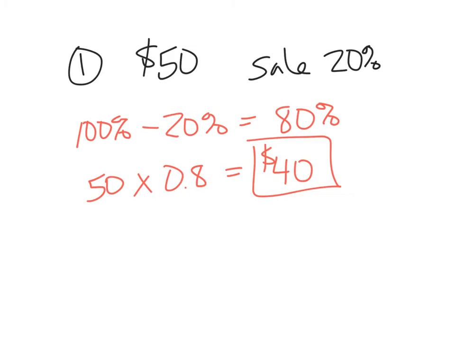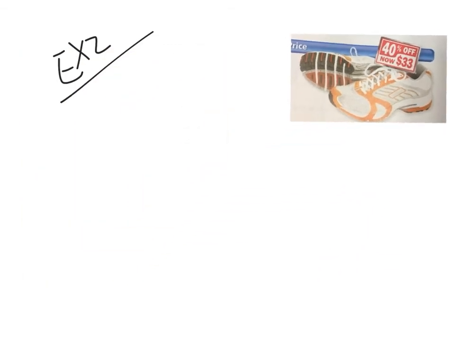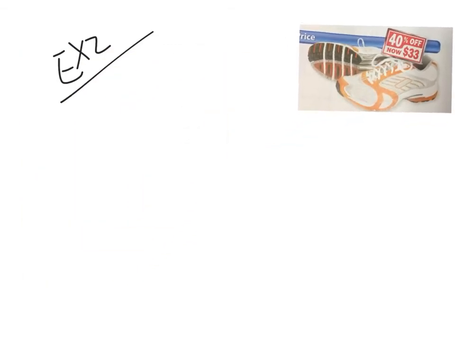All right, let's look at example 2. All right, so in this example, we're selling a pair of shoes. So now this one gives you the sale percent and the new sale price.